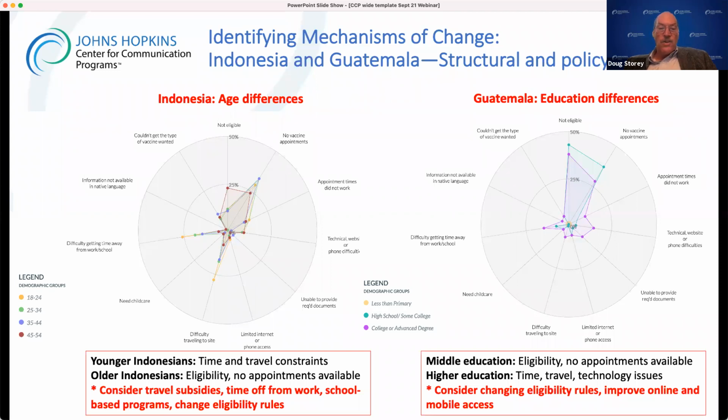Over on the Guatemala side, we see some interesting differences by education level.